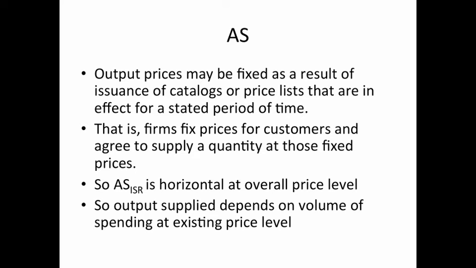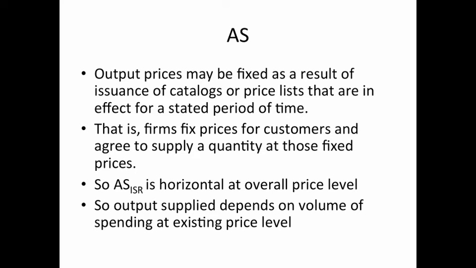That is, firms will fix the prices for customers, and then we agree as a firm to supply a certain quantity at that fixed price. So in the immediate short run, input prices are fixed and output prices are fixed. So if that's the case, when we're looking at the aggregate supply curve in the immediate short run, so this ISR, the aggregate supply in the immediate short run, to show it graphically, it'll just be a horizontal line.